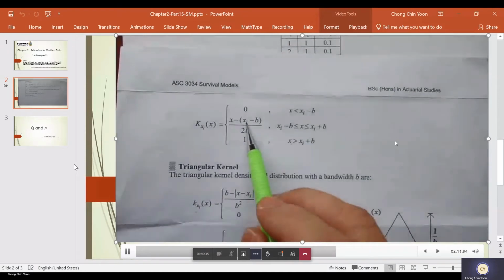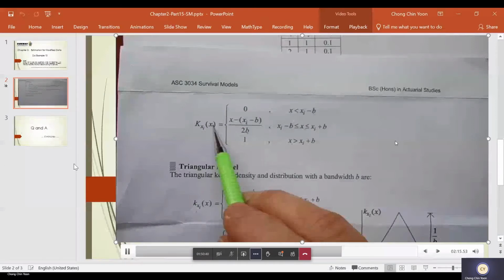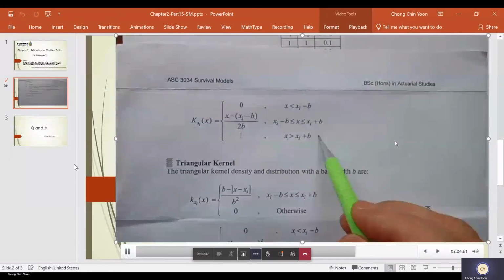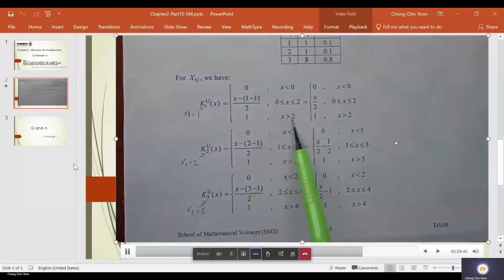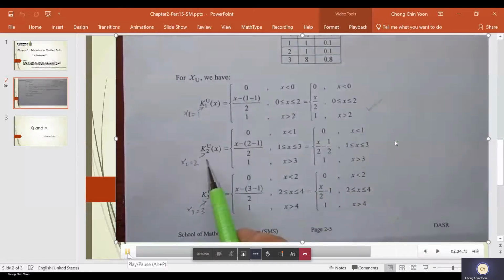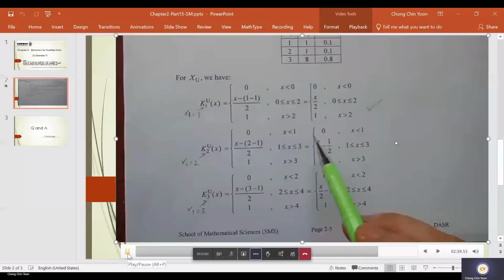Therefore, I substitute my Xi as 1, 2, 3, B is 1, and this kernel distribution is in terms of X. Based on these 3 range intervals here, I will have this. When you simplify, you will have the first one. Similarly, when you substitute X2 is 2 and B is 1, based on the intervals, you will have this result and this also.